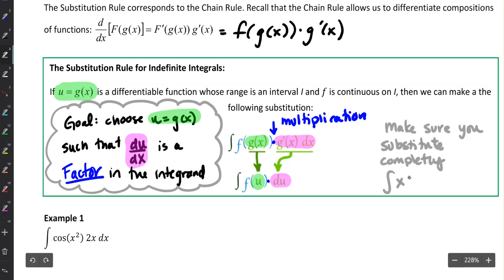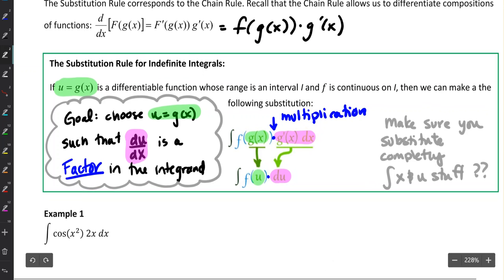Integrating some x and some u stuff is nonsense. If I'm going to make a substitution, u has to be in everywhere in that integrand.